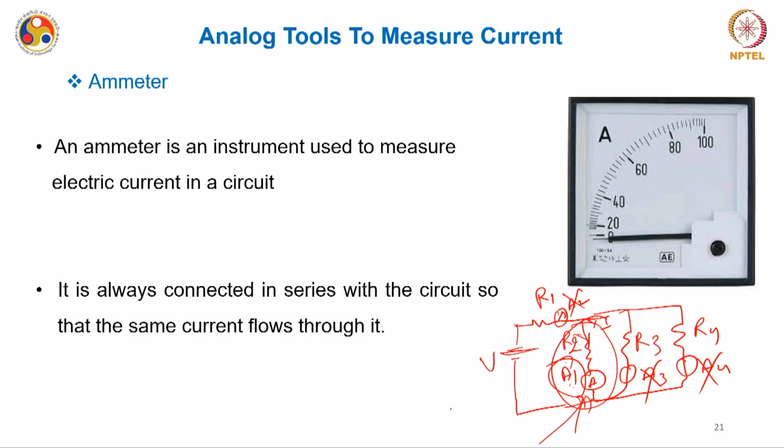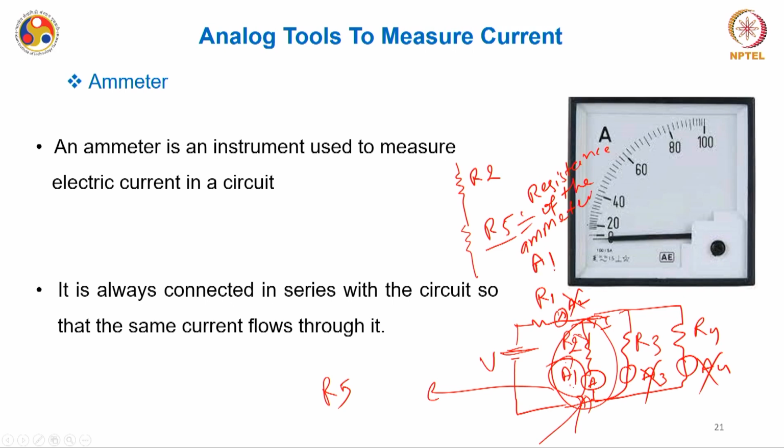Let us call the resistance of this ammeter R5. Now in this circuit, in place of resistance R2, I have R2 in series with R5, which is very small, because this is the resistance of the ammeter.